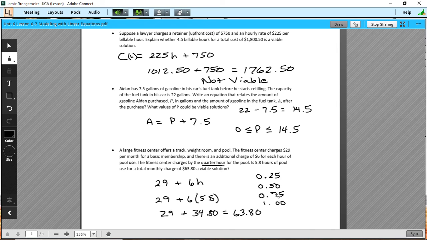It was more than 5.75 hours, so they would actually charge me for that full part of the hour. So instead of 5.75, they're going to round up to 6. And so this would become 6 hours, and that's going to be a different charge. So basically, this would not be a viable solution, and the reason is that quarter hour distinction that they gave us there.